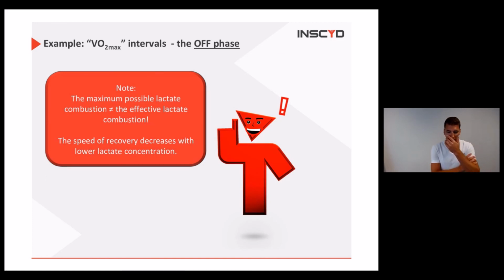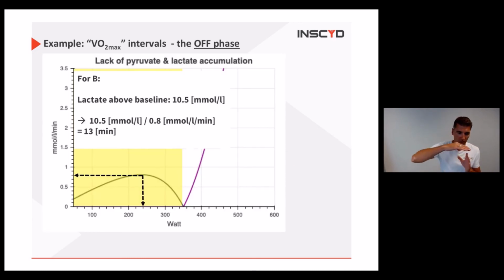Now, wait a second. This is a good approximation, but there have been some questions or some misconceptions about this concept. Think about it. If your combustion rate would be static at 0.8, where would it stop? Why, arriving at 2 millimoles or 1.5, would the 0.8 stop? I mean, you're talking about physiology, you're talking biology.